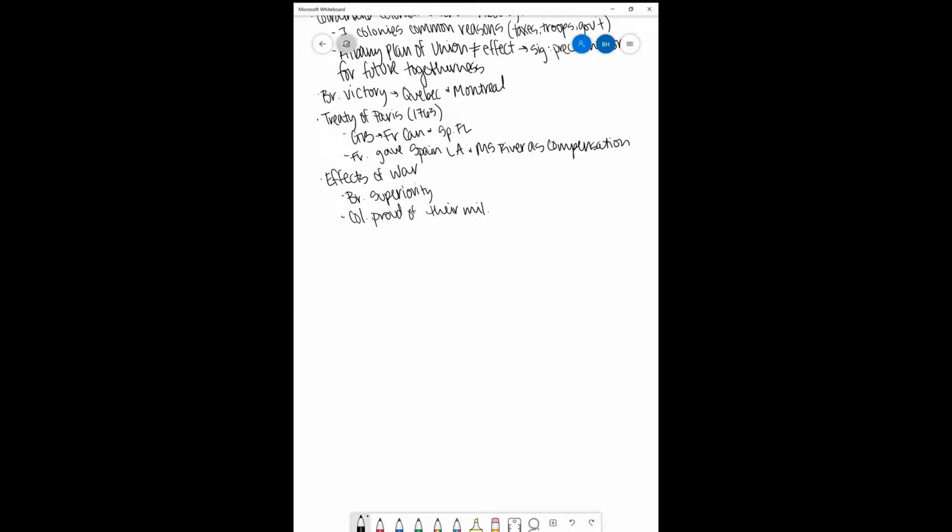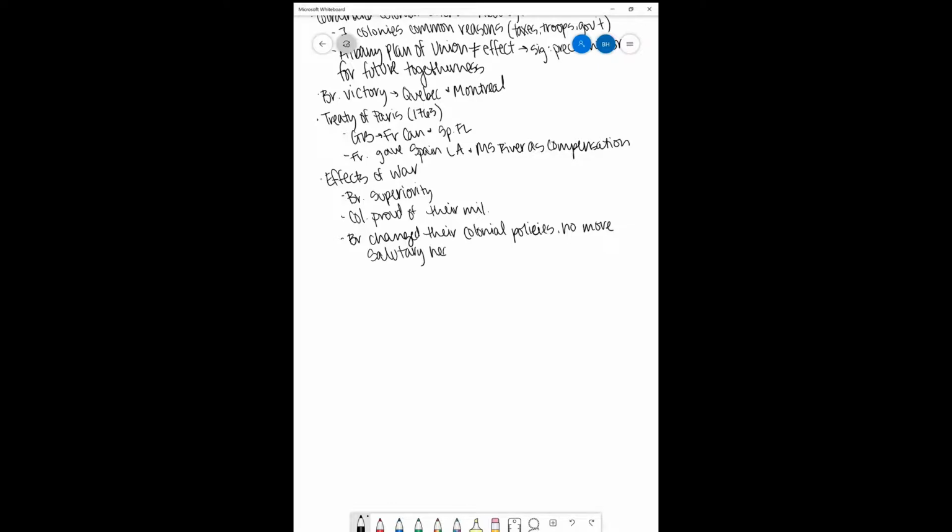And one of the big effects from this, besides the colonists being proud and British superiority, is that the British changed their colonial policies. And so with that, they had no more salutary neglect.